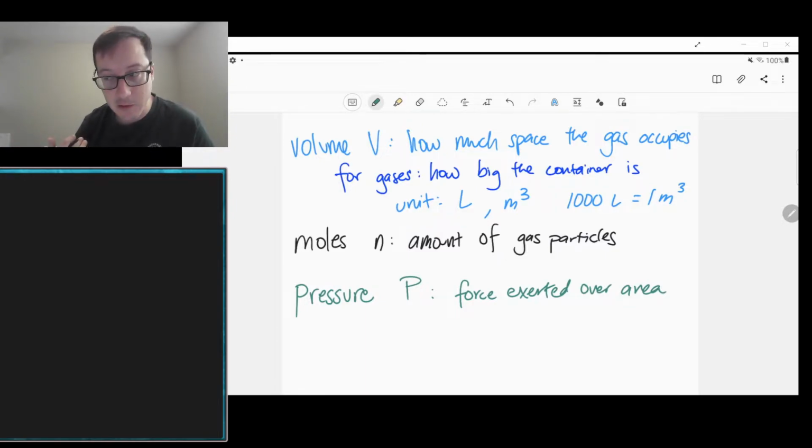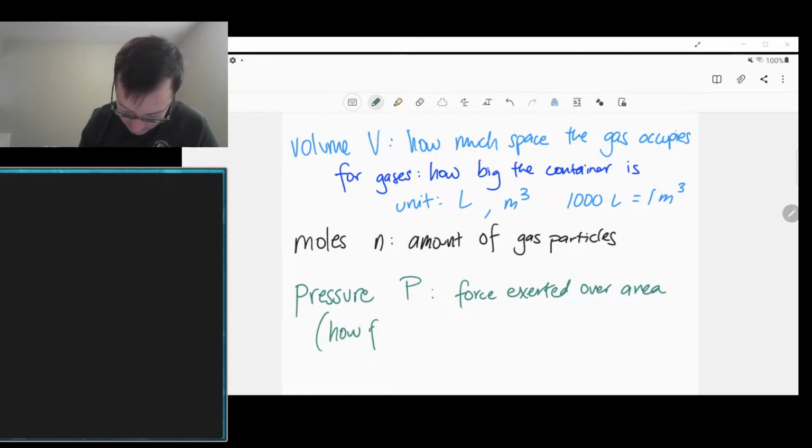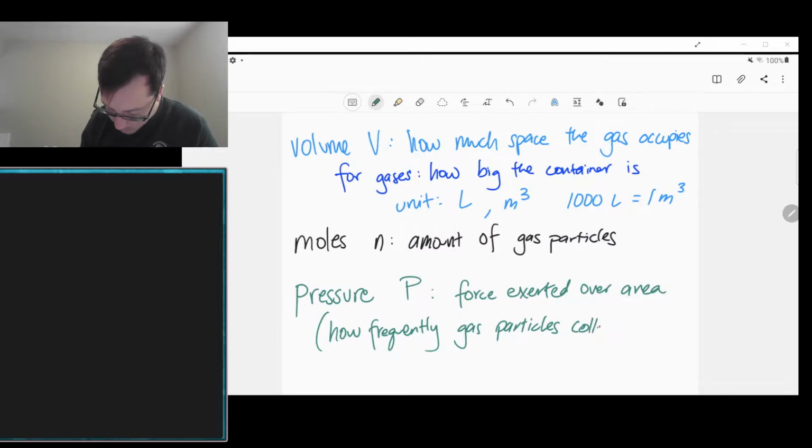For chemistry, we can think about it in another way: it's how frequently gas particles collide with the walls.